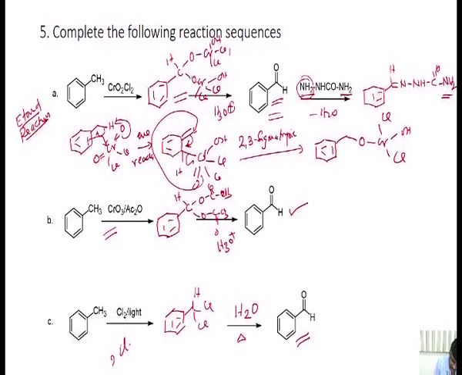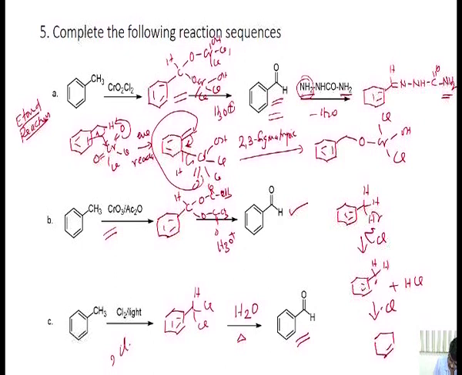See, in this substitution reaction, when you have the chlorine radical, it can react with the benzyl CH bond to give the benzyl radical, which can react with another chlorine radical to give the benzyl chloride.